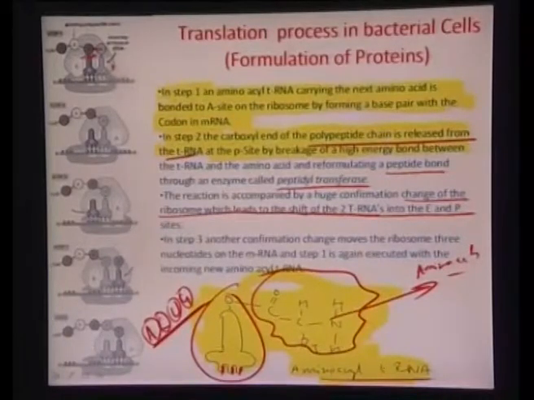So what happens is that this is the E site, this is the P site, and this is the A site, right? So there is a conformational change suddenly because of this bond breakage here and this bond formation here. There is a sudden change which leads to this upper jaw, as you are seeing, to move one unit to the right.